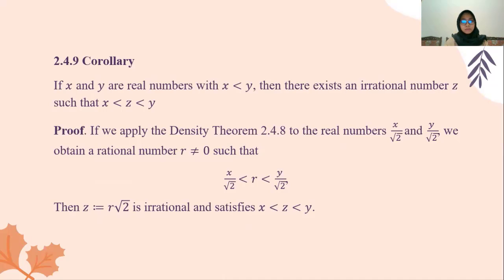Proof: if we apply the density theorem 2.4.8 to the real numbers x/√2 and y/√2, we obtain a rational number r ≠ 0 such that x/√2 < r < y/√2. Then z defined by r√2 is irrational and satisfies x < z < y.